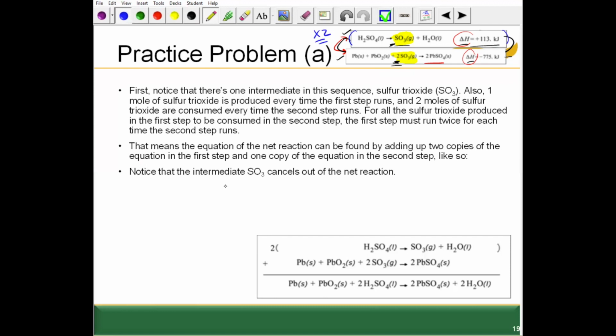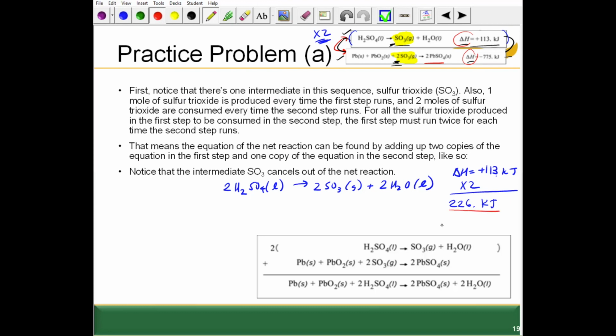What is that going to look like then? We'll have 2H2SO4 in its liquid state goes to 2SO3 as a gas, plus 2H2O liquid. Do you remember what we do with that delta H if originally it is 113 kilojoules? If we multiply this whole reaction by a factor of 2, that means we need to also multiply our delta H by a factor of 2.